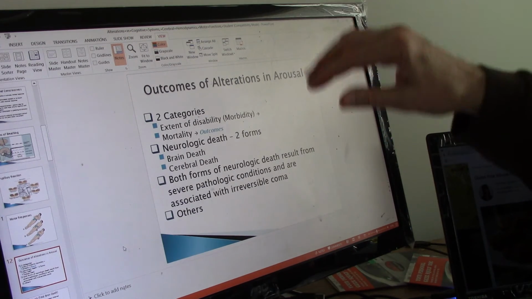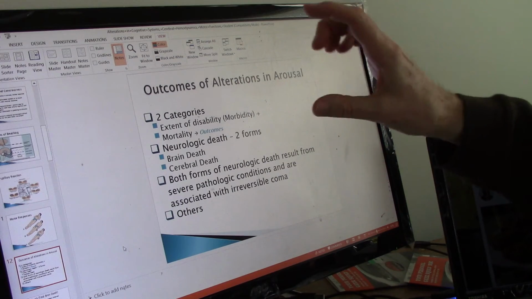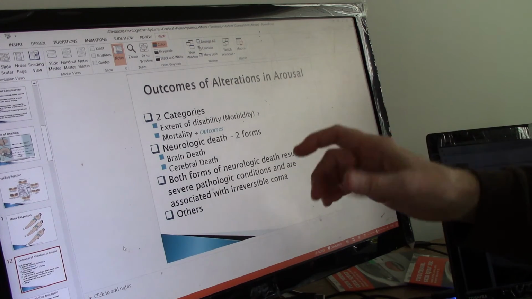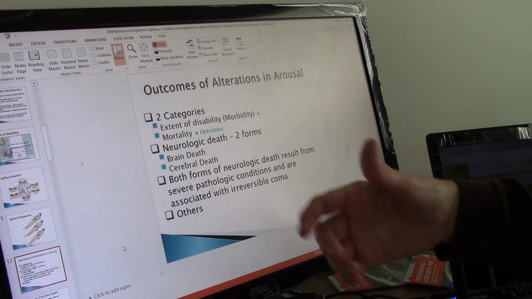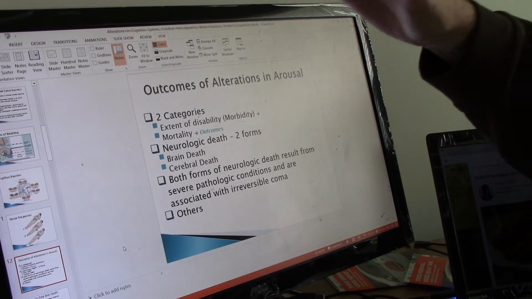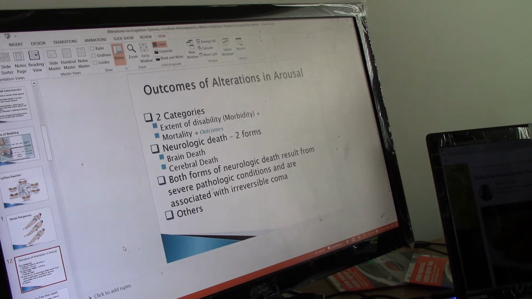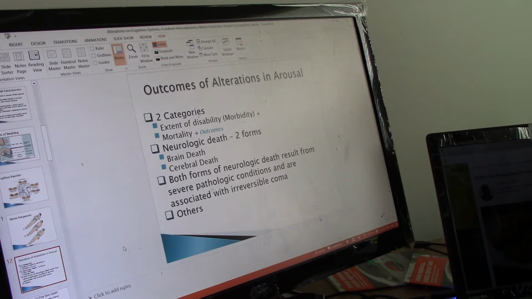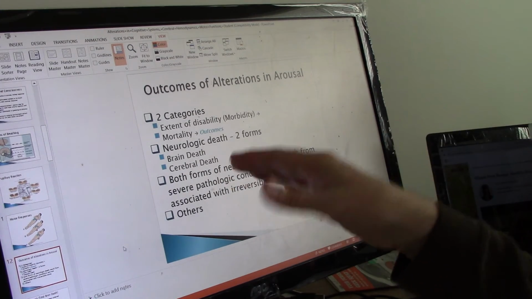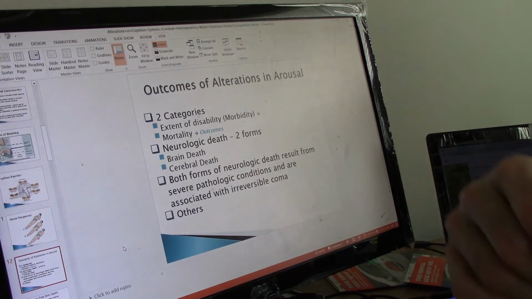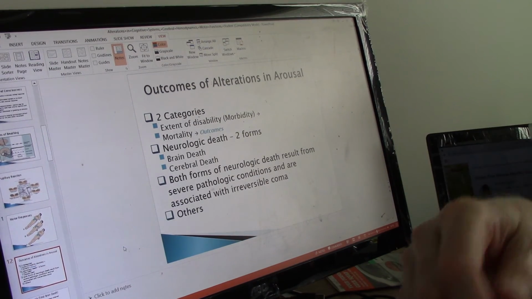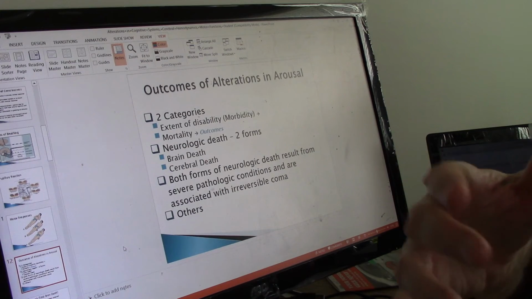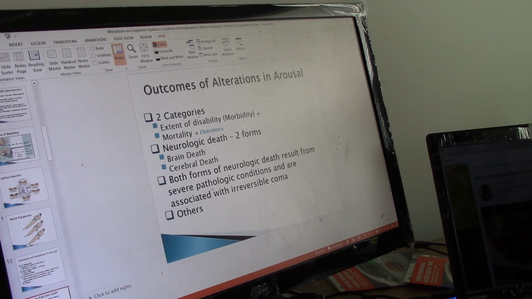If the higher areas die but the mid and lower areas remain, we could still see a patient that is breathing, even though they really don't have capacity to think because the cerebral area has been killed. The lower areas that operate our breathing and our heart may still function up to a point. And we'll get into that in just a moment.